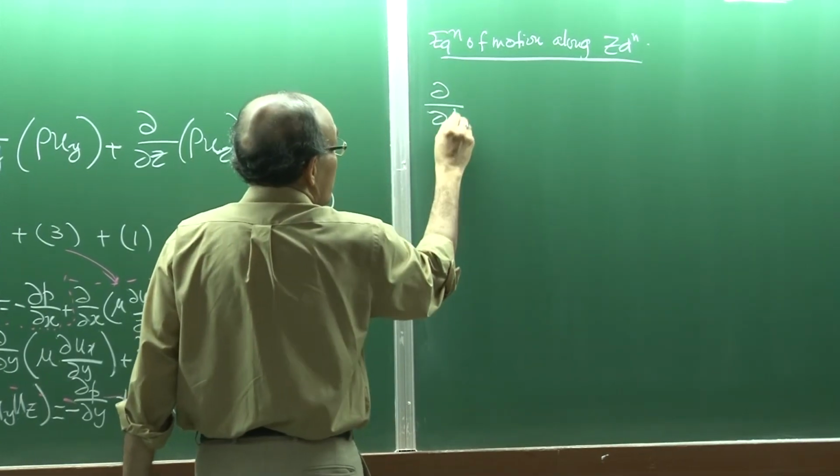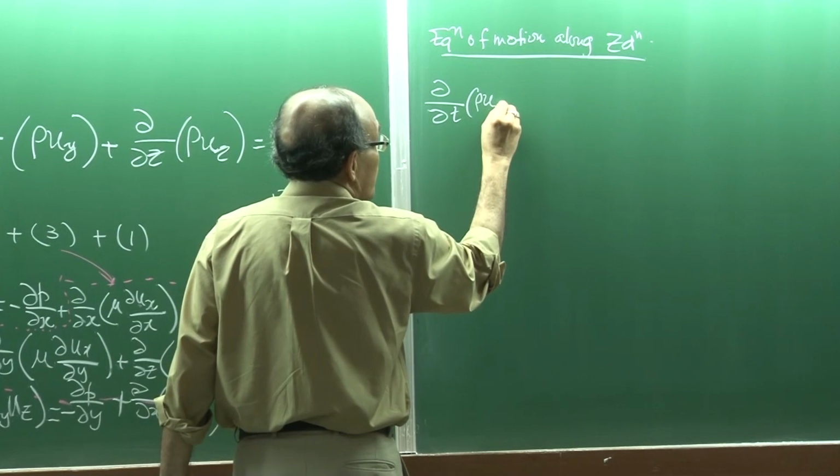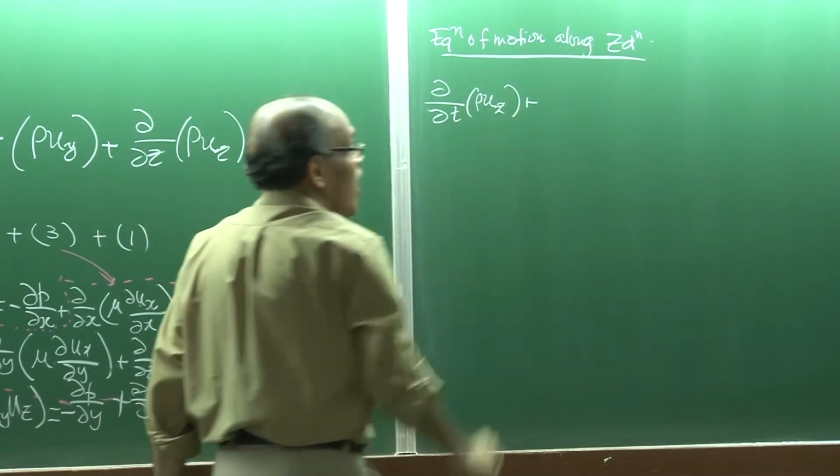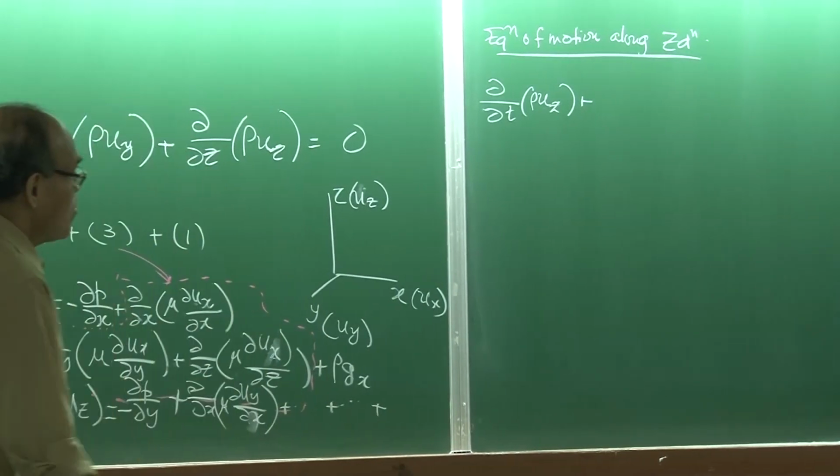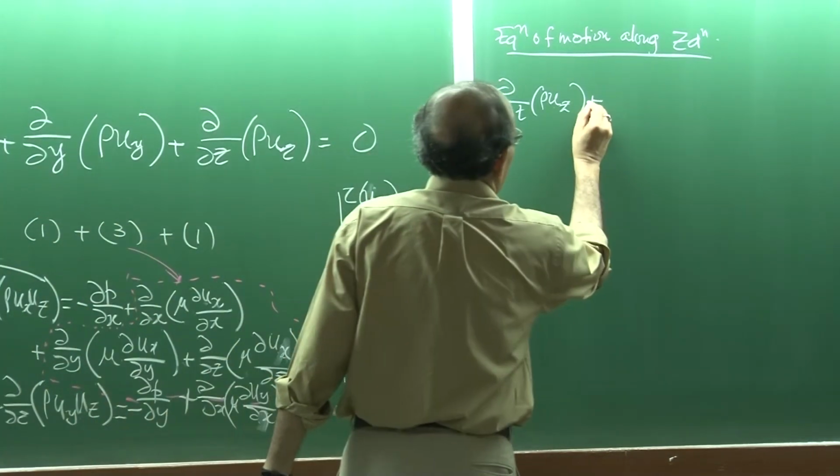Again, I repeat, I am writing this equation in the conservative form. I am not taking out rho, mu, etc., which are otherwise constant in most of the problems that we deal with, out of the brackets.